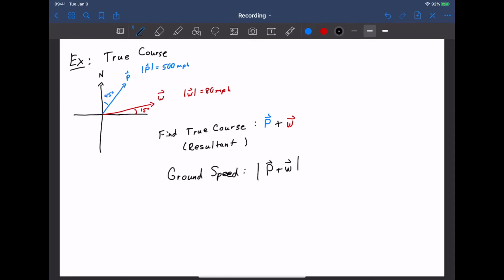How fast are you flying over the ground? And you could also find the actual heading. And the heading would be the unit vector in the direction of p plus w, the true course.